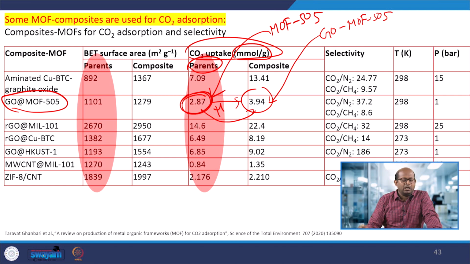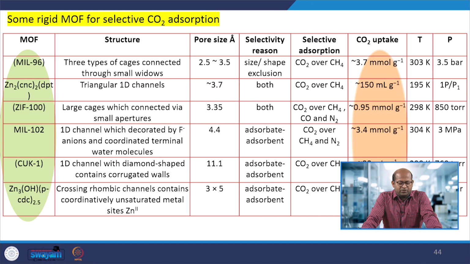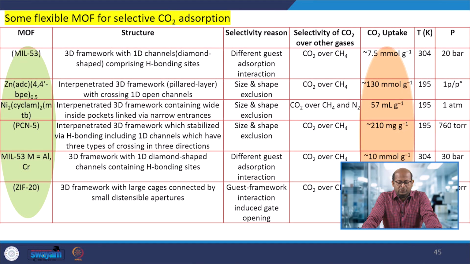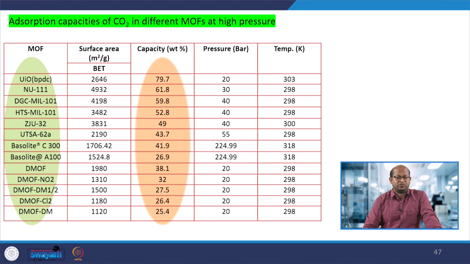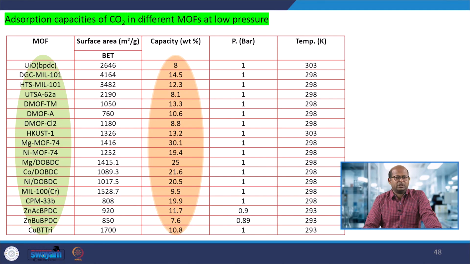Similarly, other different nanomaterials can also be incorporated in the MOF, and then we can prepare that composite MOF, which would enhance CO2 adsorption and selectivity. Similarly here, different types of MOF and CO2 adsorption have been shown. Selectivity depends upon the gas mixtures, so CO2 may be selectively adsorbed if there are other gaseous molecules, let us say methane present within natural gas.